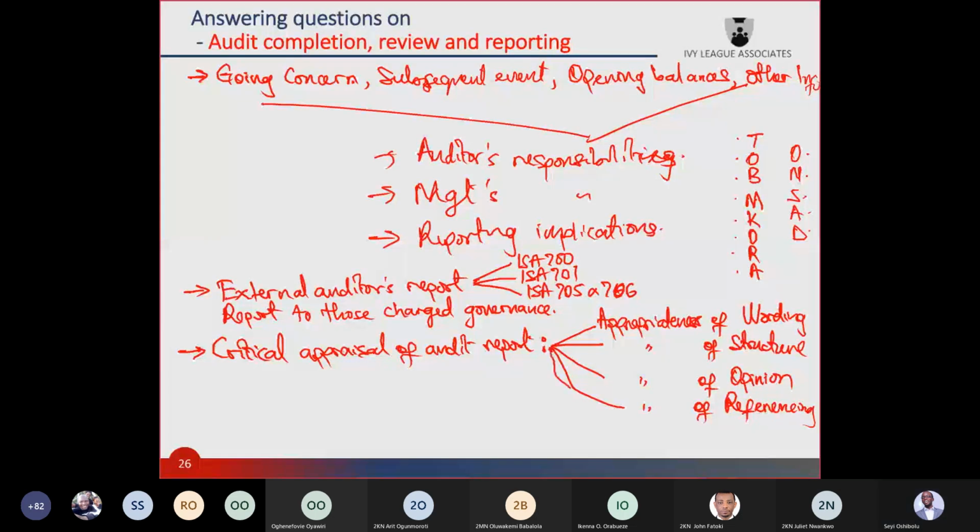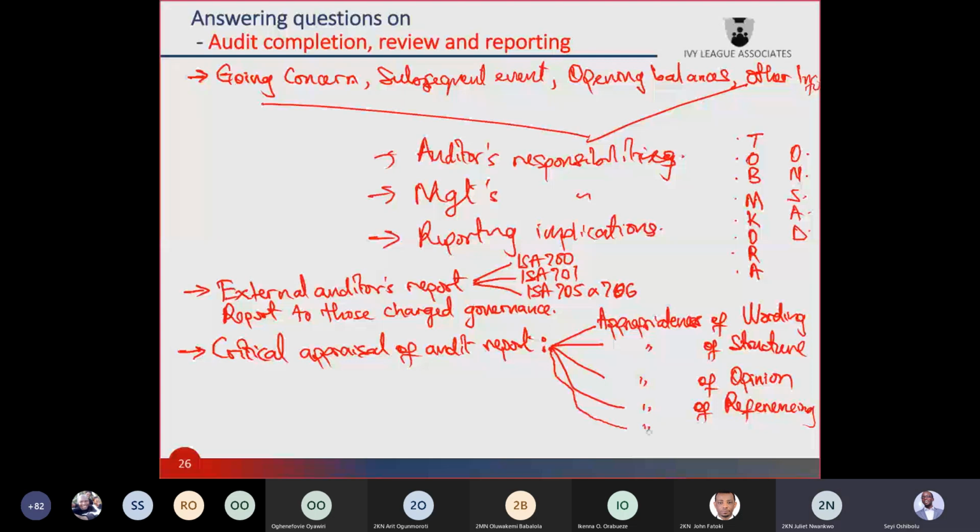Finally, appropriateness of, what's the final one? I've forgotten. What's the final one? Nobody knows it in the class.